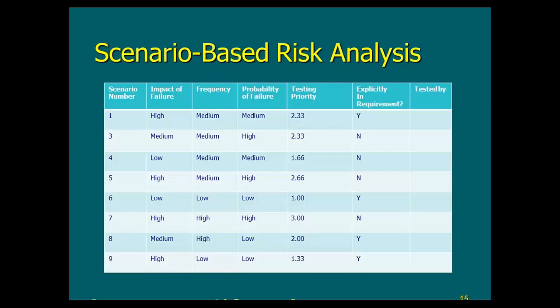All right, this is another part of the process I want to share with you as well. This is risk-based testing or risk-based analysis, but that's based on scenarios. So again, we have to do risk analysis all the time. But when we do it within this process, it's based on scenarios. So what you see in front of you are different scenarios.